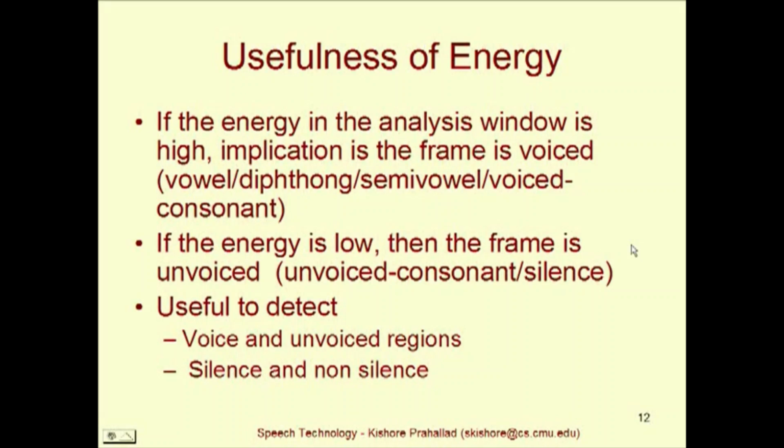That means it can be an unvoiced consonant or a silence. So how can we use this energy as a feature, or put it into an application? We can use this energy to detect voiced and unvoiced regions, and we can also use this energy for silence and non-silence detection.